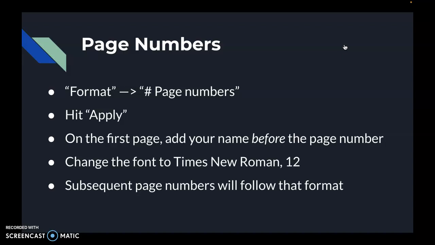So it should have your last name and then the page number on the top of the page. And then we want to make sure that the page number is in the same font that the rest of our paper will be in so that it's consistent. And once you do that on the first page, every page after that will automatically add so that we don't have to worry about it after we do it on the first one. So let's do that.